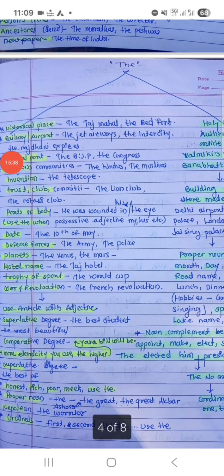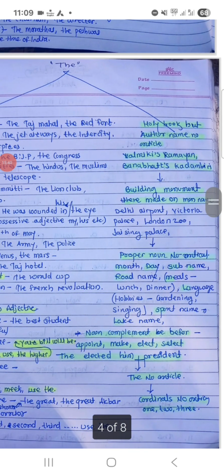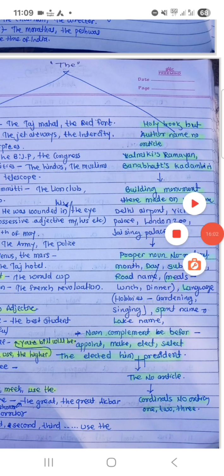But remember, when there is a person's name, no article is used. For example, Delhi Airport, Victoria Palace, Jaising Palace, London Zoo. Look, buildings and monuments made on a person's name, so no article.